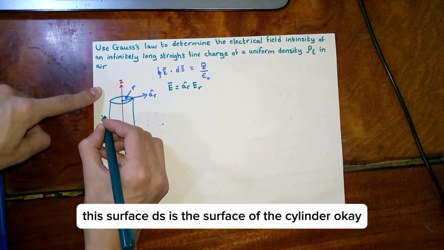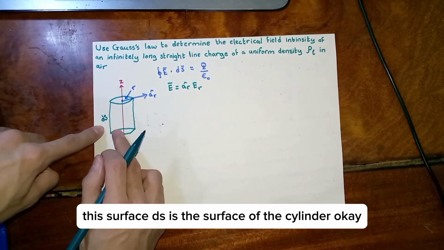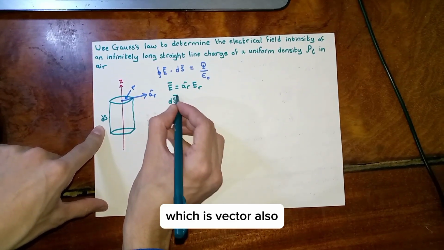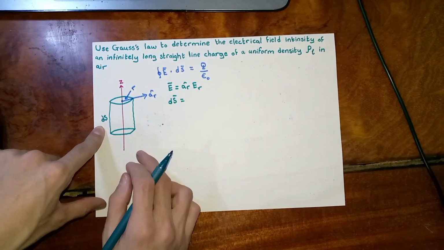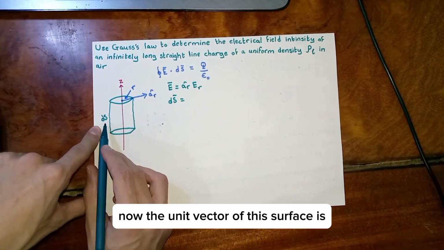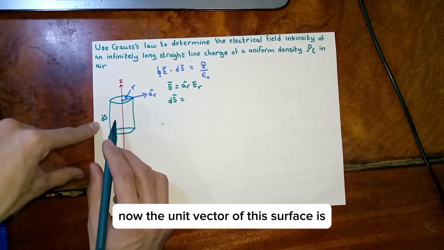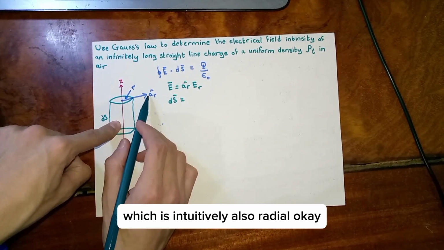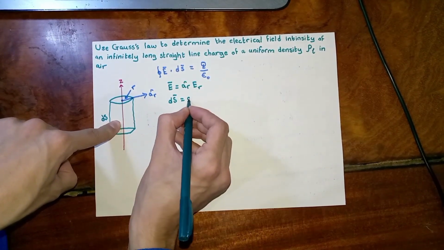This surface dS is the surface of this cylinder. Now dS is a vector also. The unit vector of this surface is perpendicular to this surface, which is intuitively also radial.